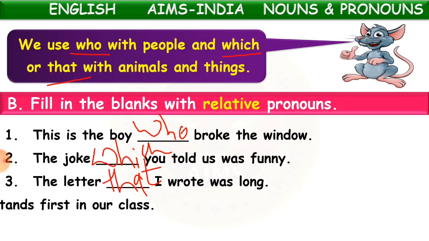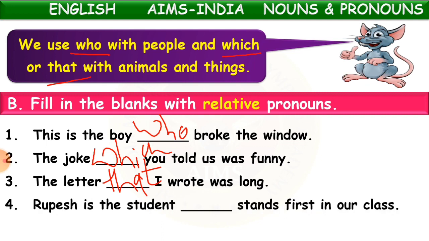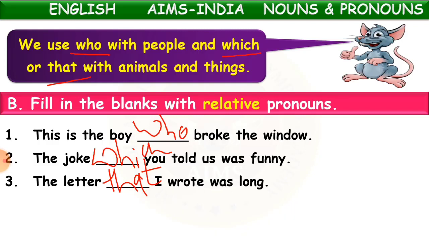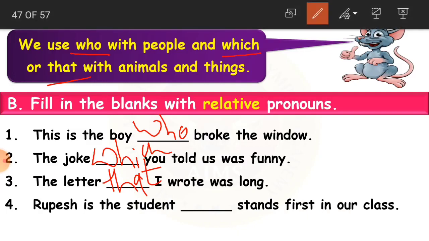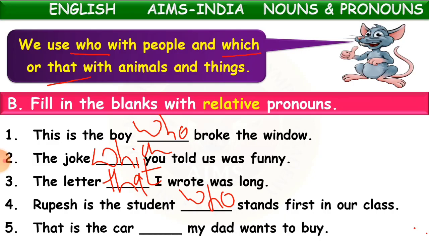Now, Rupesh is the student dash stands first in our class. Who stands first? Rupesh is a student who stands first, because he is a boy, he is a person, we'll refer with who. Who stands first in our class. Now the fifth one, that is the car dash my dad wants to buy.